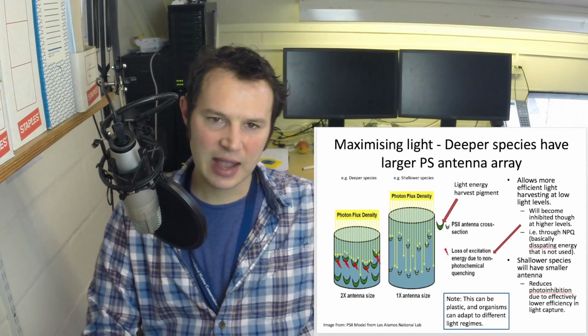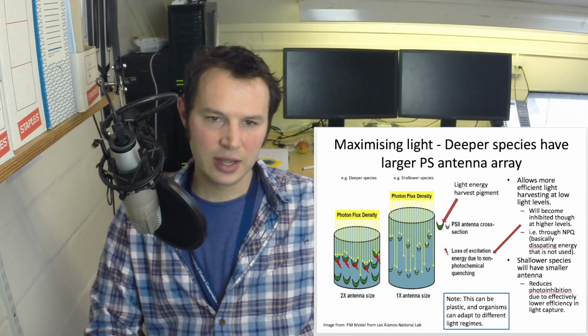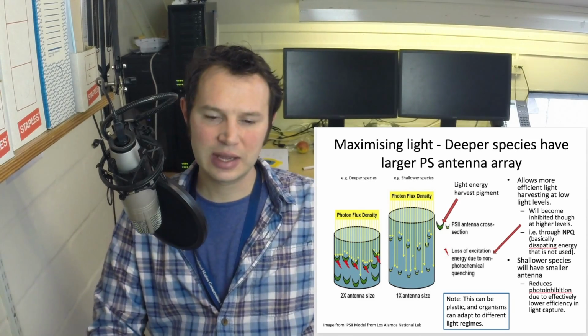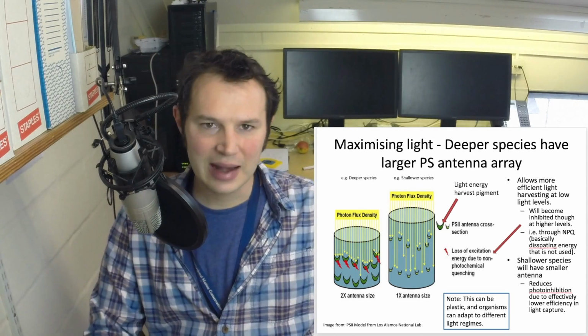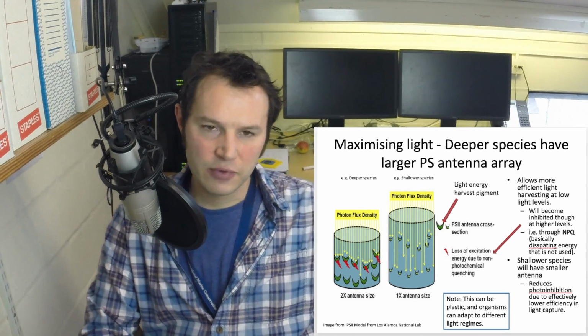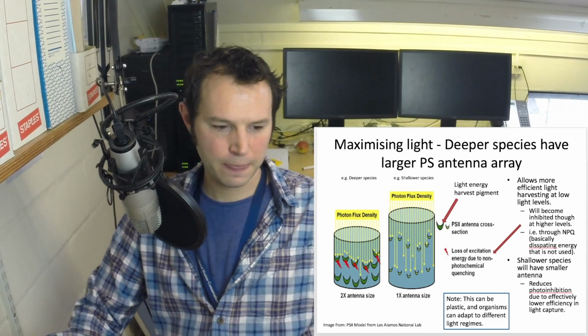Think about the specific examples of shade adapted or light adapted species, the size of the photosynthetic array that allows them to capture more light but may lead to photochemical quenching that reduces the energetic requirement by dissipating energy.